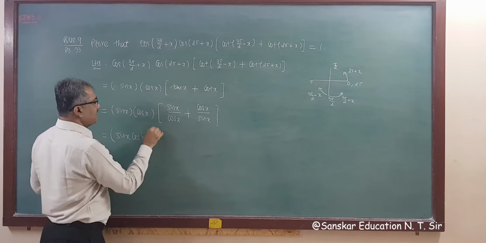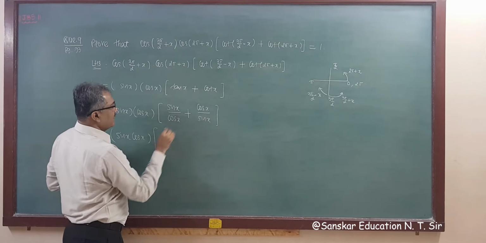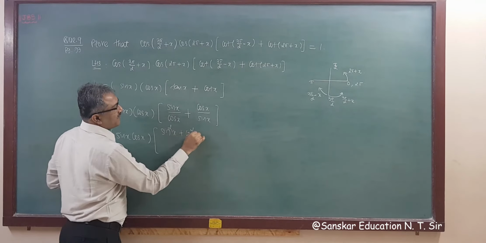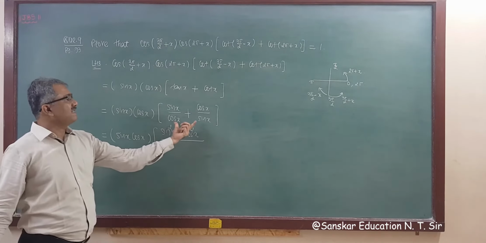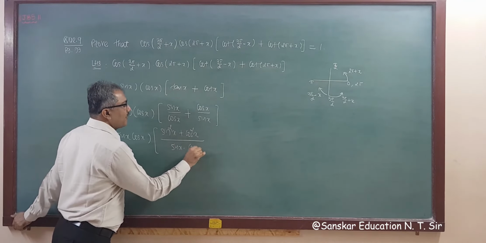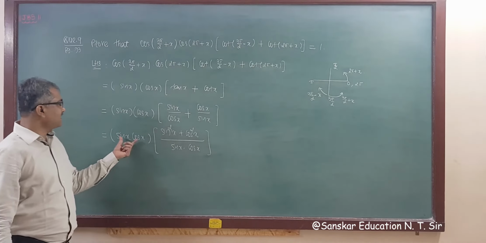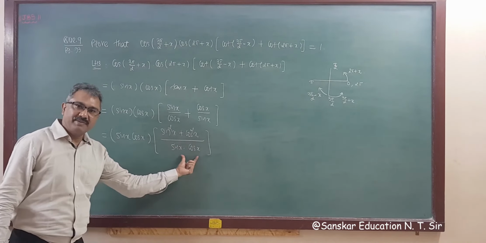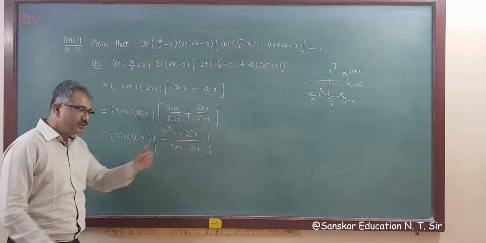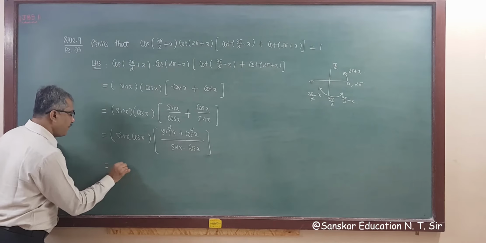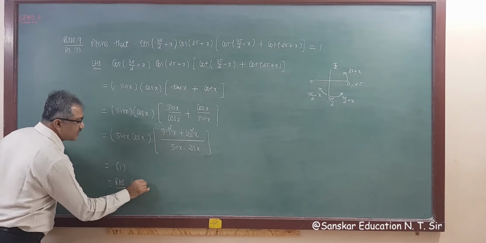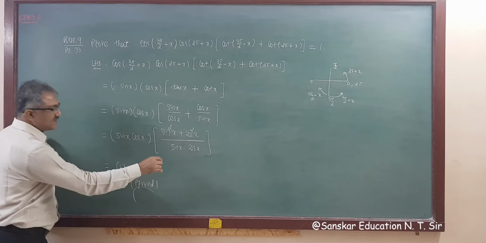Taking the LCM, this is sin²x plus cos²x whole upon the LCM, sin x into cos x. Now this sin x cos x and this sin x cos x will cancel, and this is sin²θ plus cos²θ, that is 1, that you know. So this is 1, that is your right hand side. This is what you wanted to prove, so this is proved.